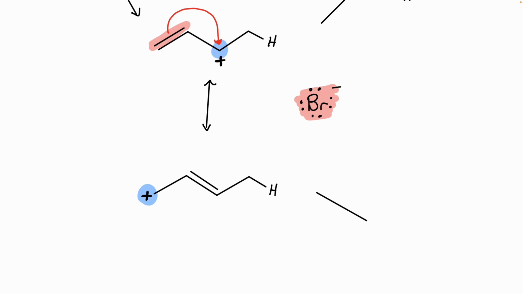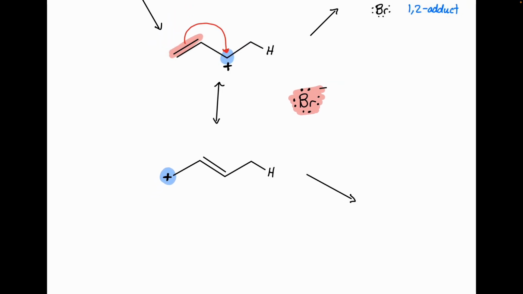So we can get one other product here as a result of this resonance rearrangement. All right, I'll put in these electron pushing arrows and I want you to follow them for me. This bromide is going to attack that carbocation.